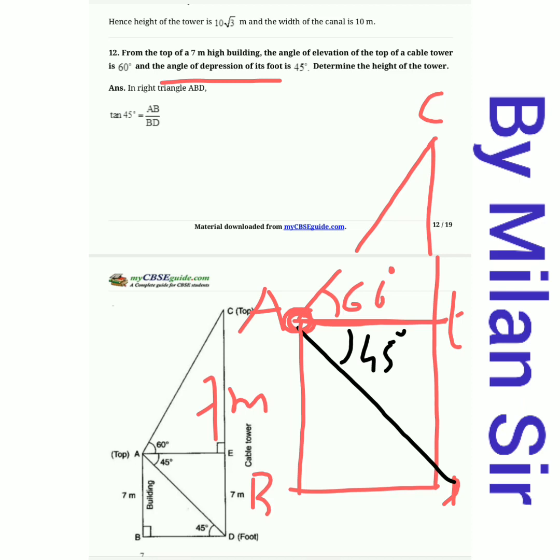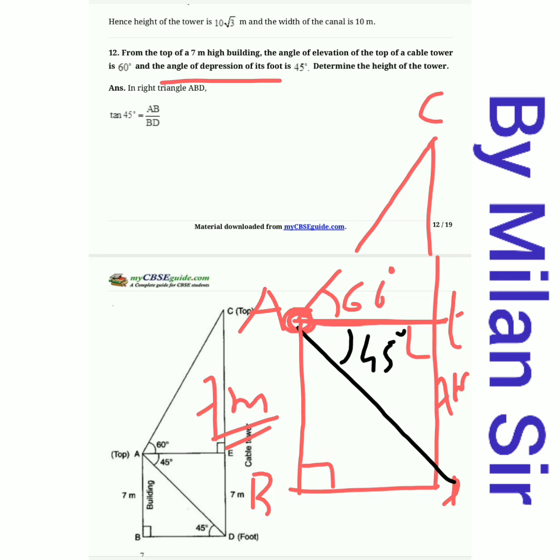Now the height of the building, AB, is 7 meters. ABDE is one rectangle. Here AB is equal to 7 meters, so the opposite side DE is also 7 meters. Now we need to find the height of the tower, the total height, meaning CD.